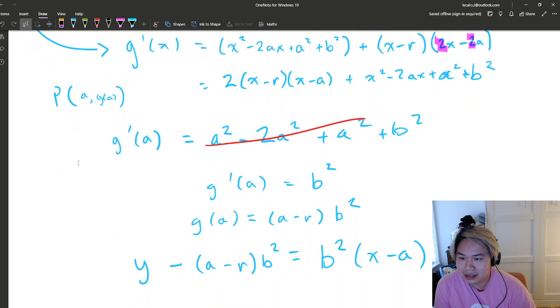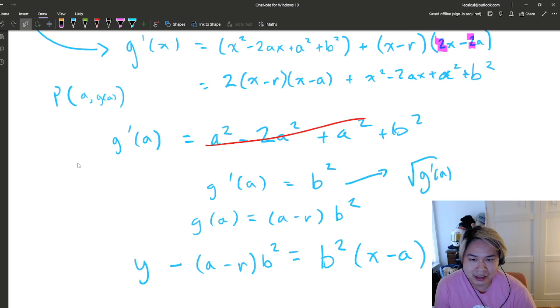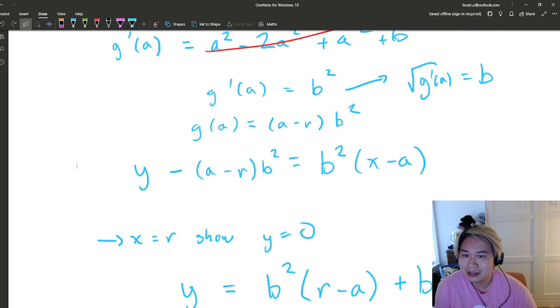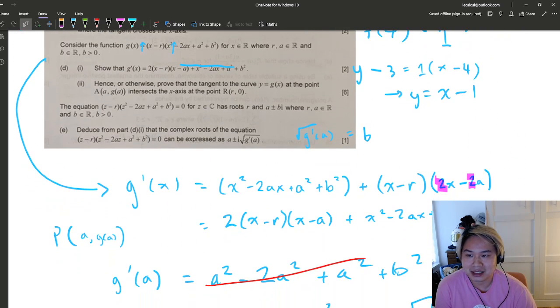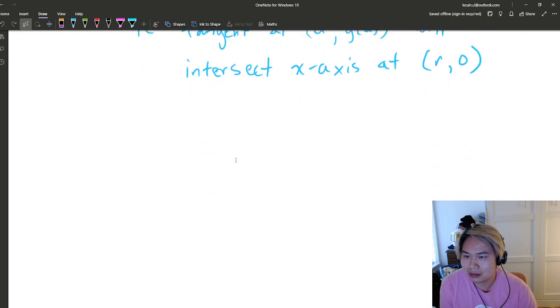And as you can see right here, I already know that g prime is b squared, which means that the square root of g prime of a is b, and then you're done. Because that means that this is b. 1 mark, yeah.